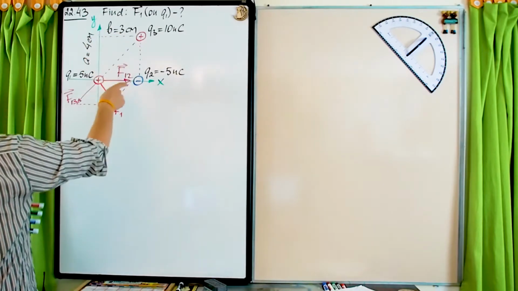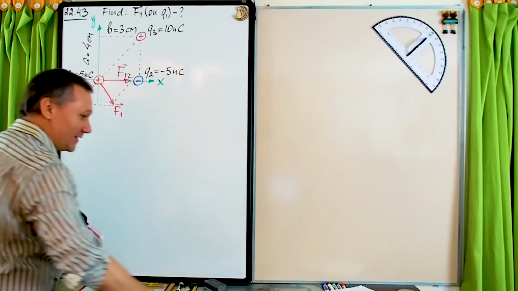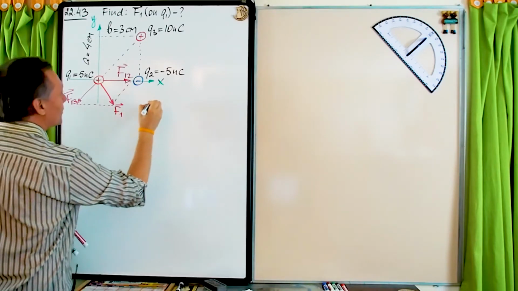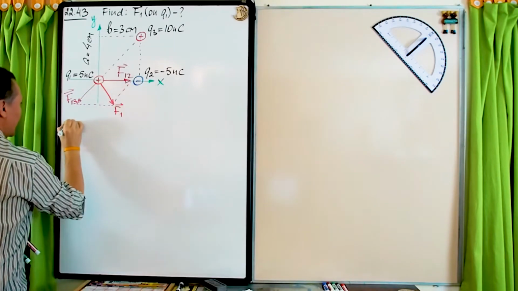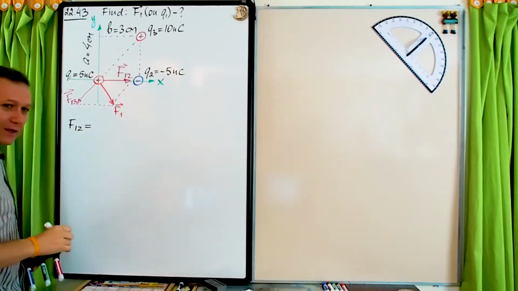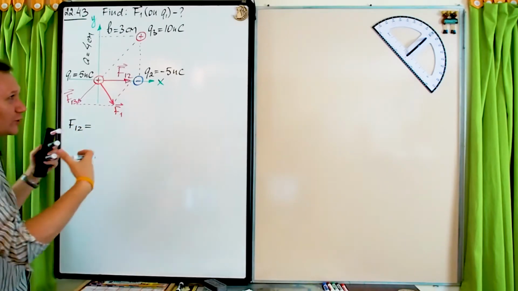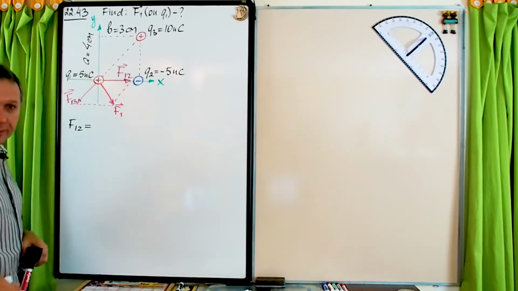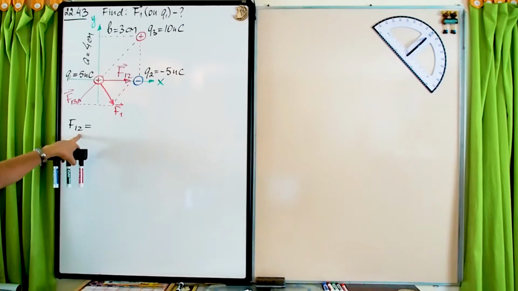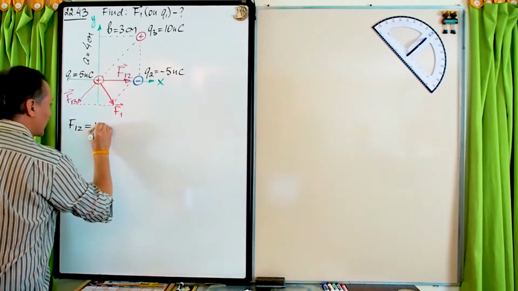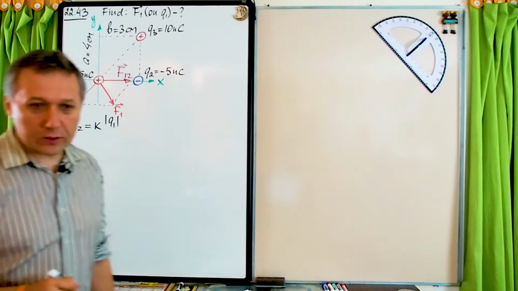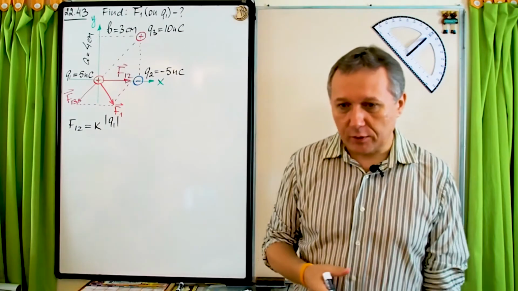Right, so let's start with F12 because it's the easiest one. All right, so, you know what? Okay, yeah, I have enough space. F12. I've developed a habit of trying to save space on the whiteboard since it's small. So F12, and again, right now it's not a vector; it's an absolute value of that vector. It's a magnitude. So that constant k, then the absolute value of q1, you see absolute value, because I'm just trying to find the magnitude.